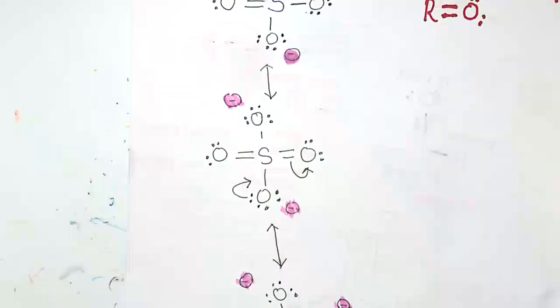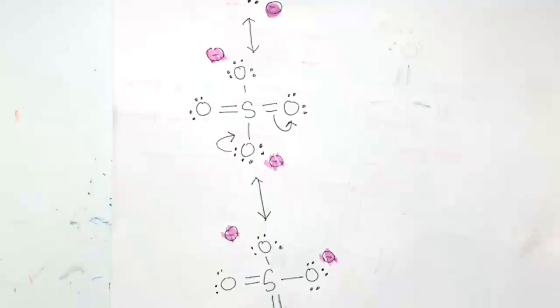You guys see anything else? Where else? I have the double bond here, here, here. What else can I do?